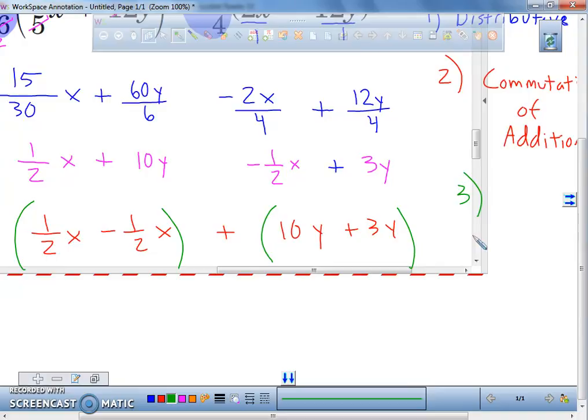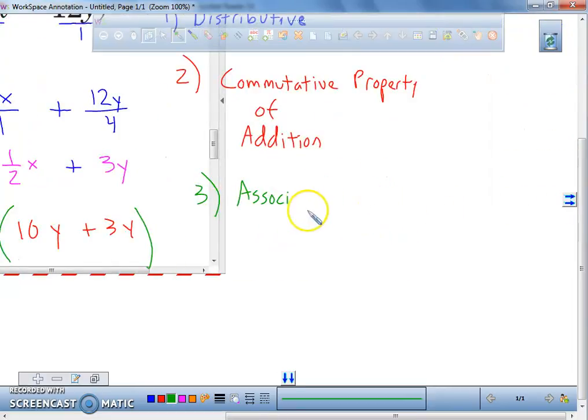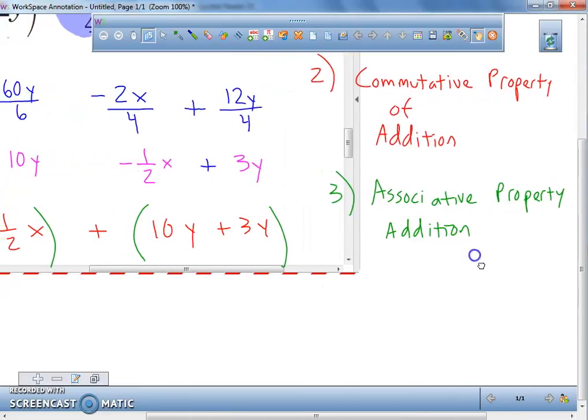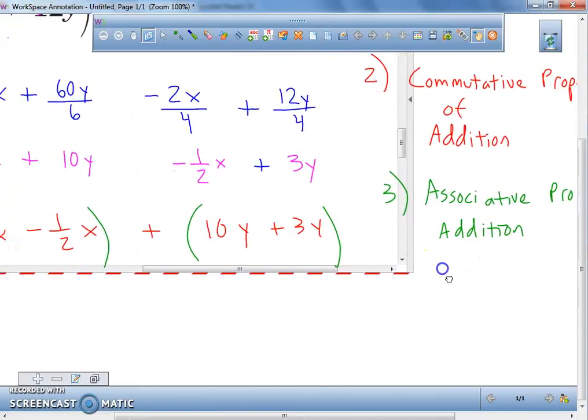You guys talked about them yesterday. You're looking at the properties? Say it. The associative property. Yes, by grouping things together, this is dealing with the associative property of addition. Okay, the associative property of addition.